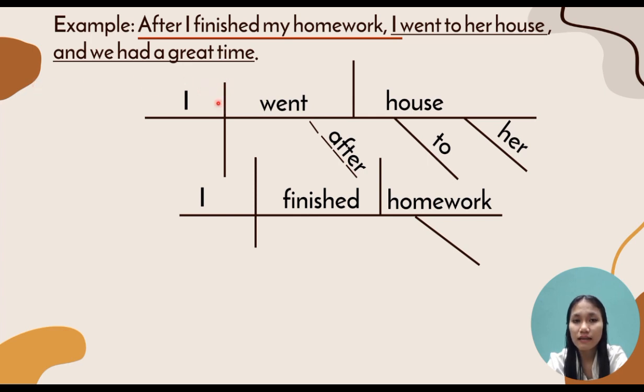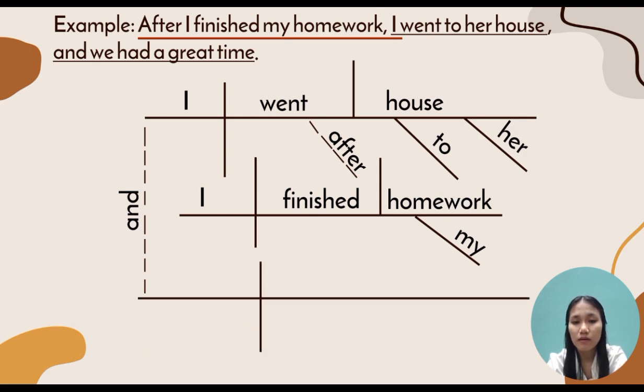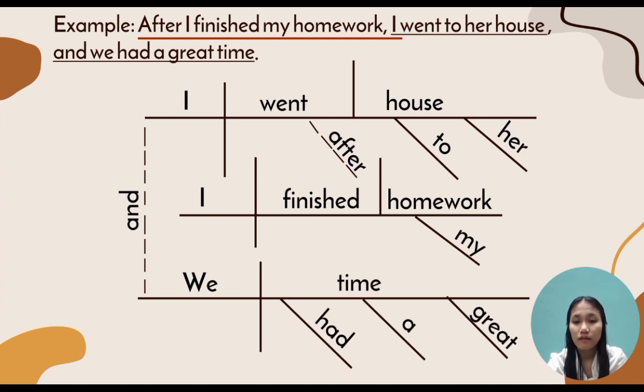So and is our coordinating conjunction. That is why we are going to make use of a broken line written here. The word and should be written just like this in our diagram. So we had a great time should be written here below our dependent clause. So we is the subject, had a great time.